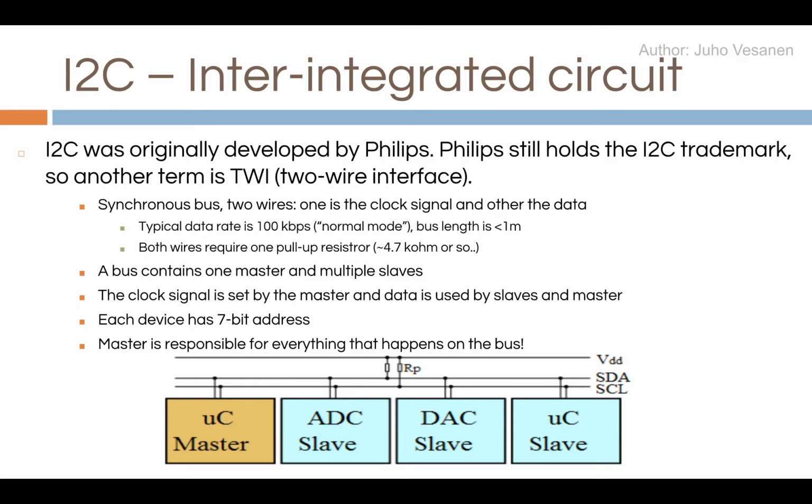Then you basically have some token that you send from one master to another one so that the other master can take over. Each device has a 7-bit address. There is also an extended 11-bit addressing mode. The master initiates all data transfer, meaning it basically sets the clock and data accordingly.